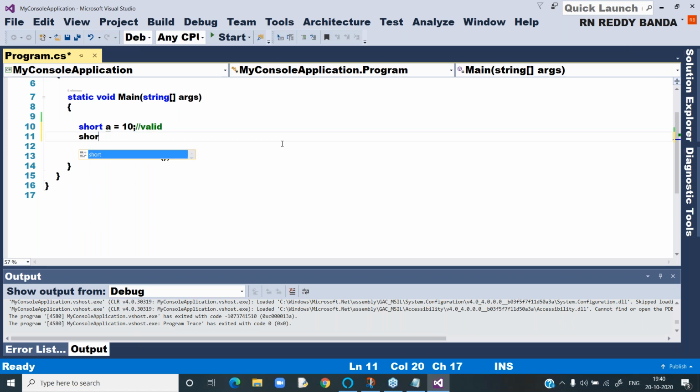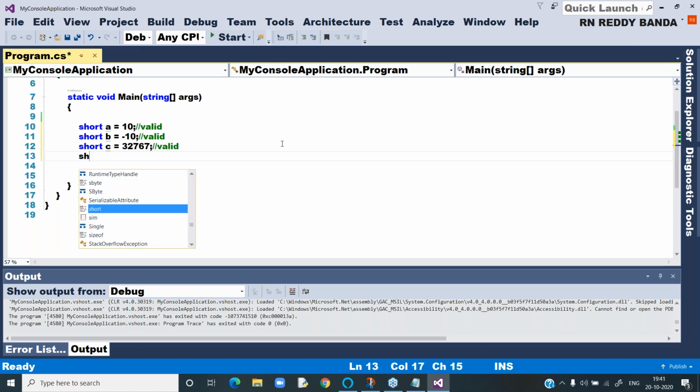Valid. Short b equal to minus 10, valid. Short c equal to 32,767, valid. Short d equal to 32,768, invalid.